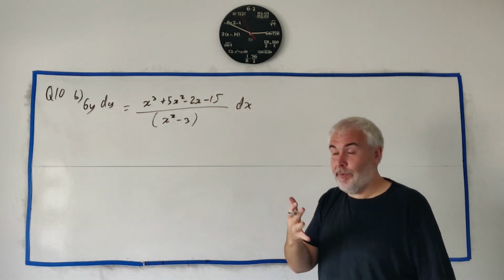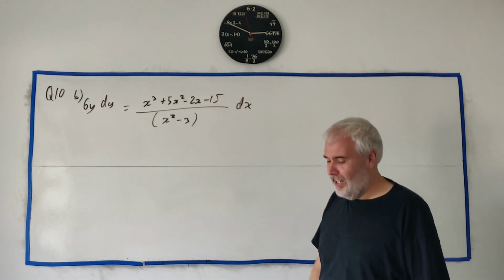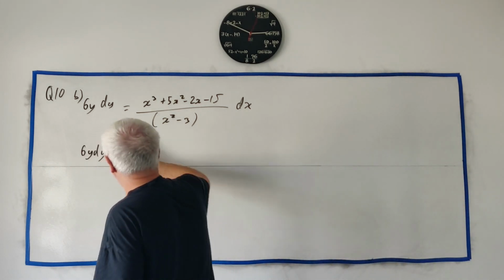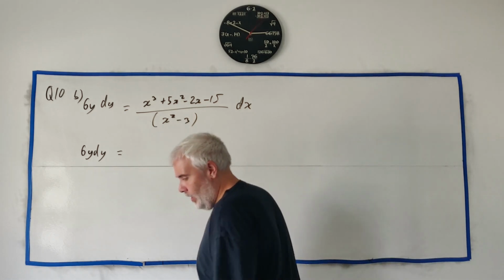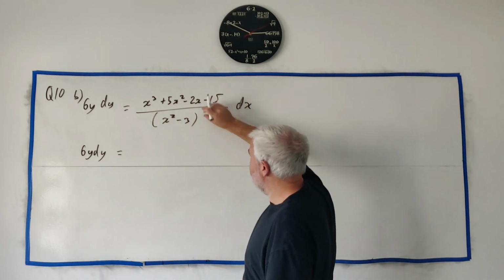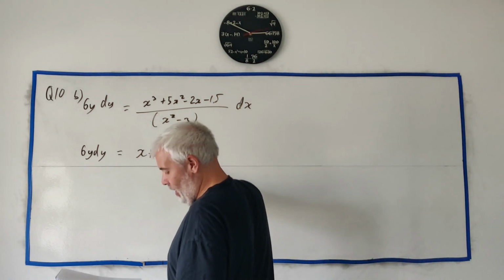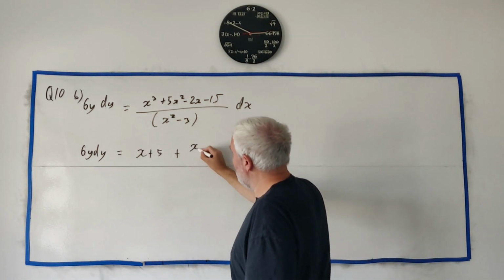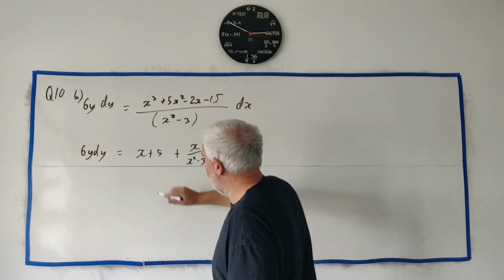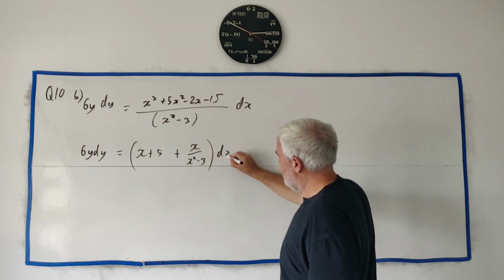And remember, the first part, that's what we've pretty much done. I spelt it out a bit more. We can rewrite all this as 6y dy, that's fine. Instead of this side, we can take the answer from before. When you divide this by this, the answer we get is x plus 5 plus a remainder of x divided by x squared minus 3 with dx.